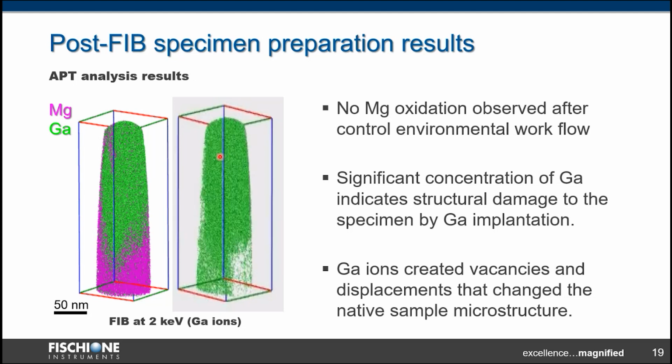You can see magnesium atoms in pink and gallium in green. Gallium damages the sample structure by ion implantation and amorphization, creating vacancies and atom displacement. These alter the sample microstructure and influence APT measurements.